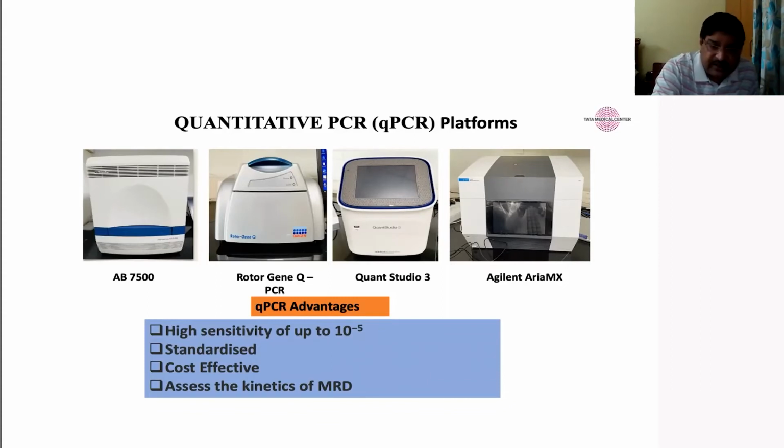It can assess the kinetics of MRD, as I mentioned, with BCR-ABL transcripts in CML, and PML-RARA transcripts in APMLs. These are the real-time platforms: ABI 7500, Rotor-Gene, QuantStudio 3 is also a real-time platform, and Agilent AriaMx is the quantitative PCR. All four platforms are in our laboratory, where we use them very efficiently to study a large number of molecular genetic studies. Next.